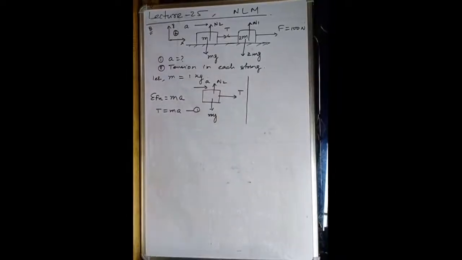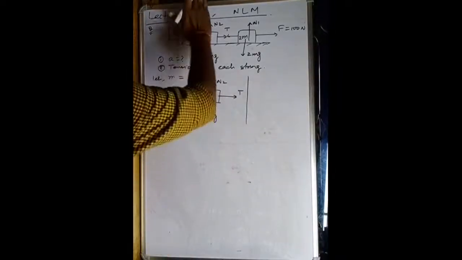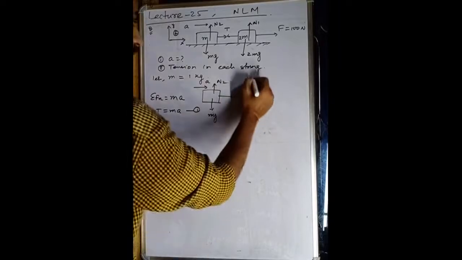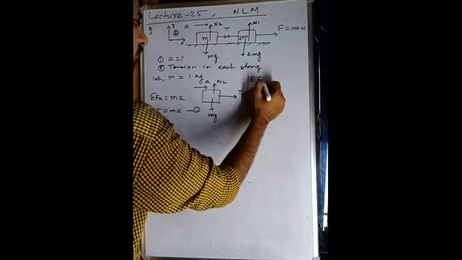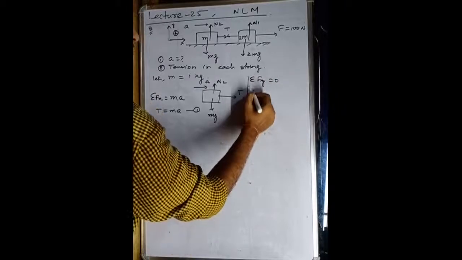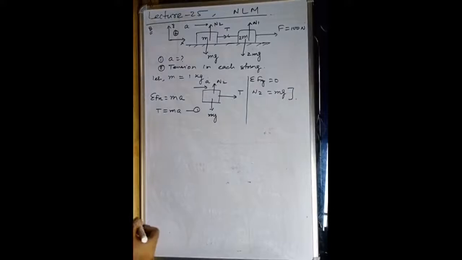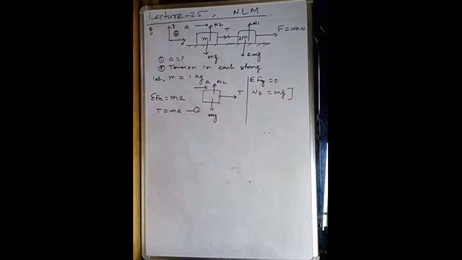But along the y-axis, you can see the body is not moving. Along the y-axis, the body is in a static state. So we write sigma Fy is 0, and in this case N2 equals mg. You can find this equation; it will not be used anymore in this topic, but in the friction chapter we will use this concept also.